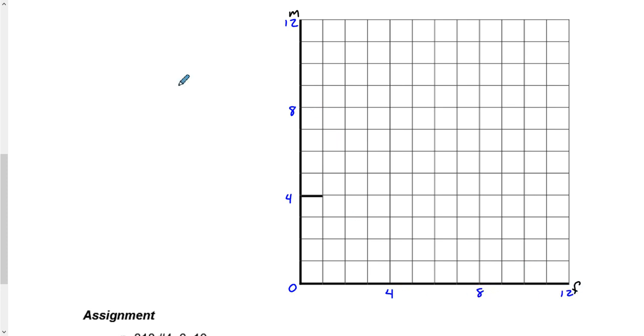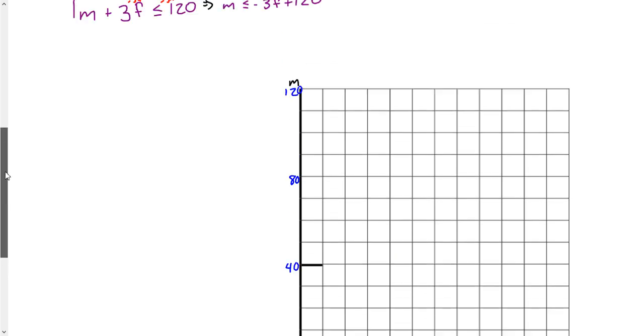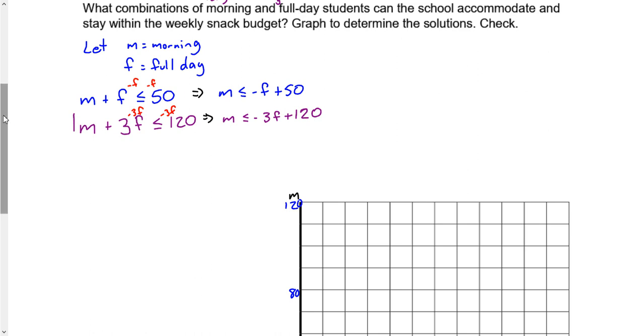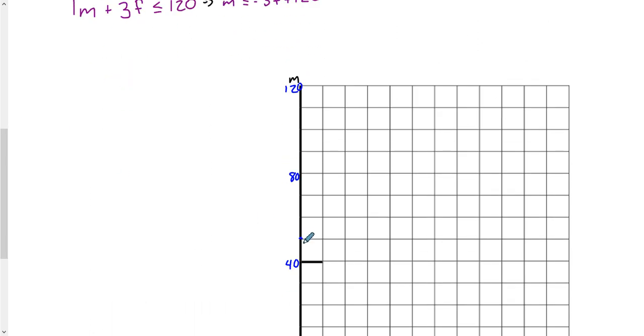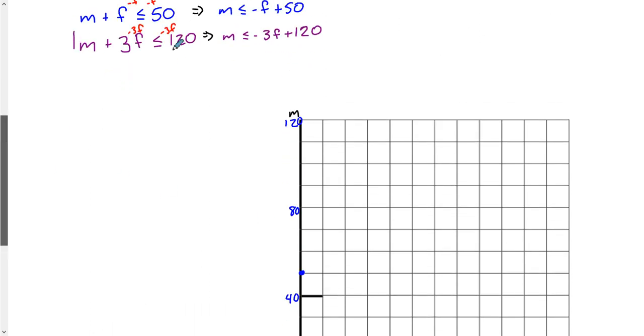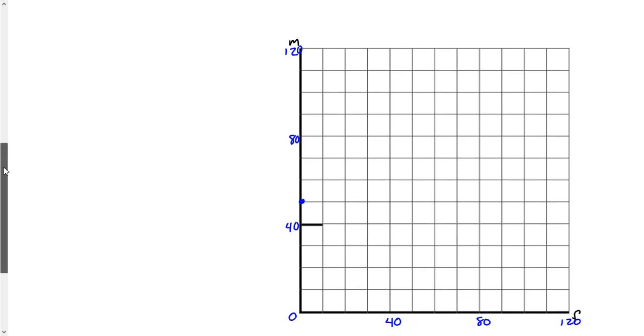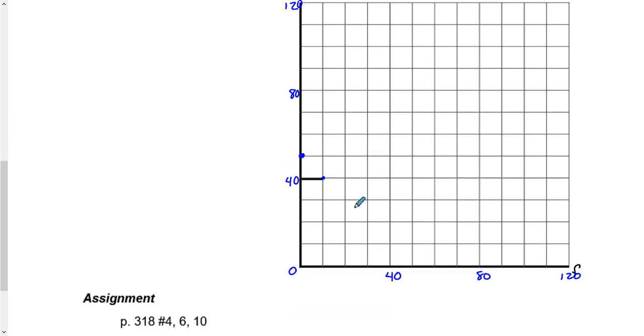Which means it'd be 40, 80, and 120. Alrighty, 50. So from 50, I'm going to be using a slope of negative 1 over 1. So down 1 over 1.